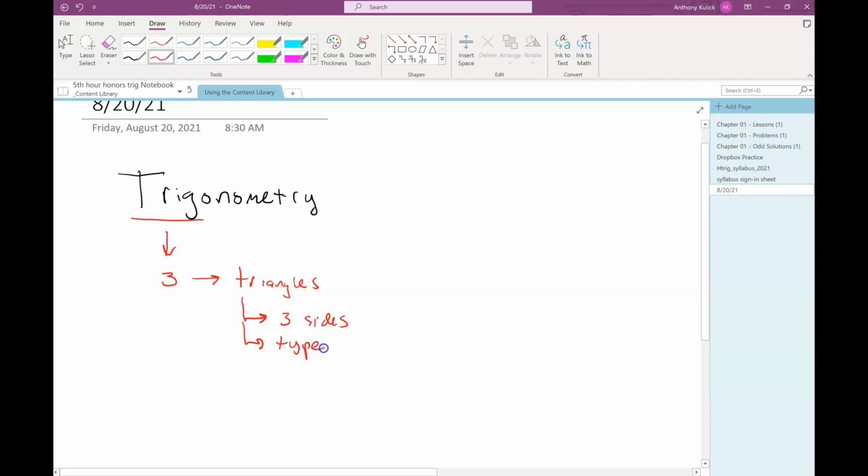What were some of the different types of triangles? Right would be based on angle measure. And then you had scalene, isosceles, and equilateral were based on side length.